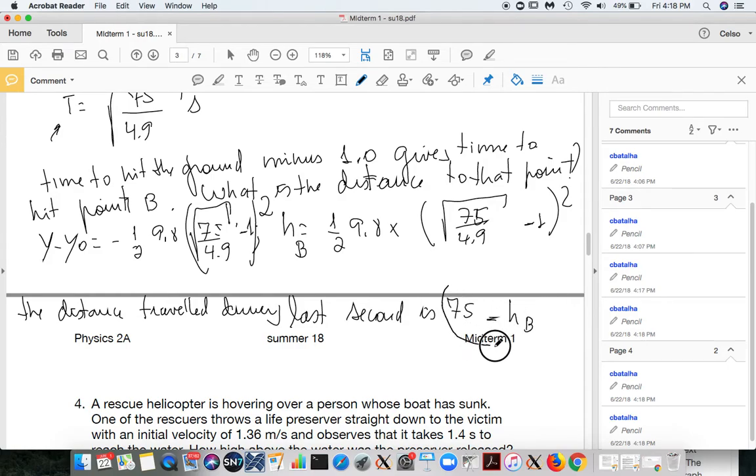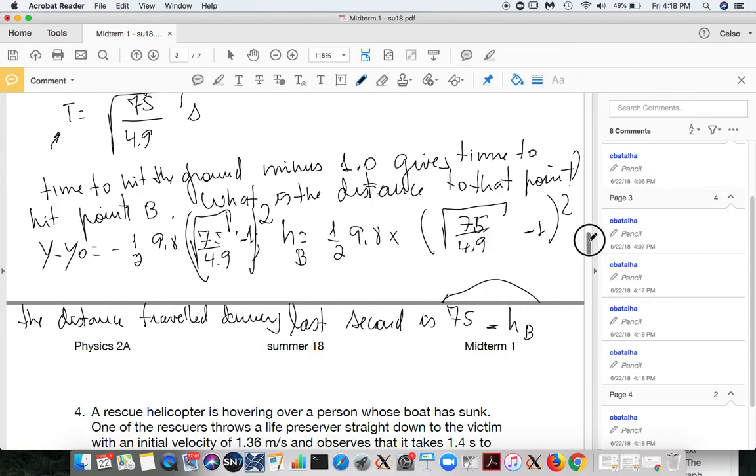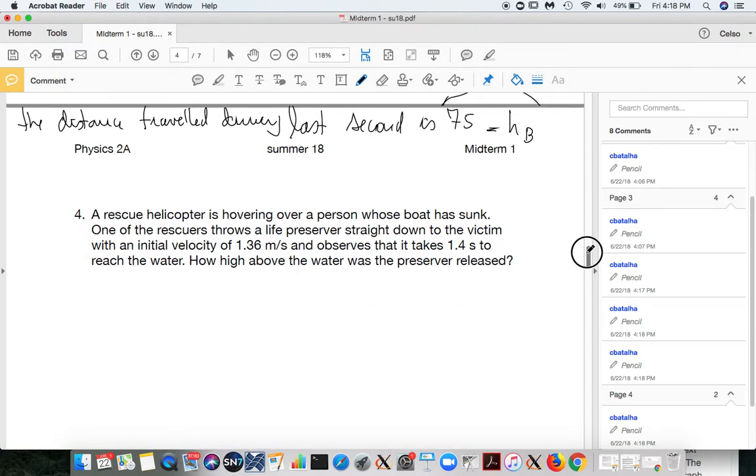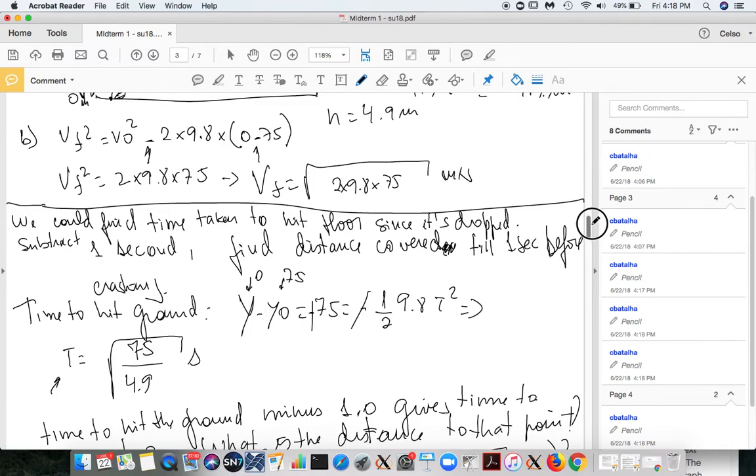Okay, that's a complex problem. Maybe somebody can see a better solution for the last part, but that's the solution I just saw now.